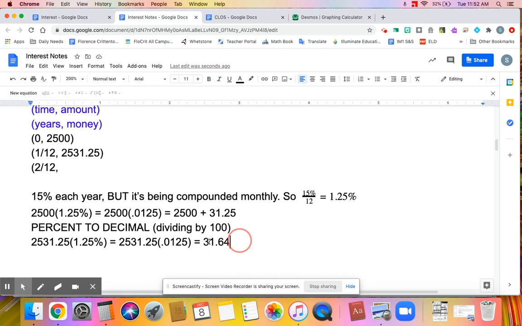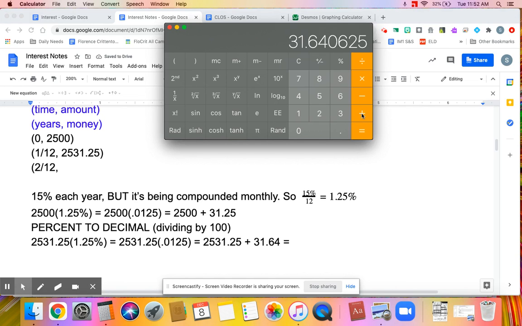But I still need to add my interest to the whole amount that I had before. So I had this amount a month before in the last month, but I'm earning this much interest on it. So I need to add that on. And so here is my interest, but I'm adding the $2,531.25 that I had from last month.